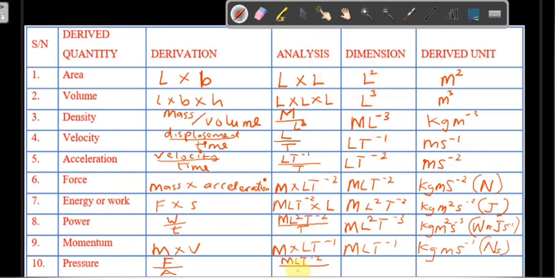Working this out, we are going to have M, then L raised to power 1 divided by L squared, which leaves L raised to power minus 1, with T raised to power minus 2. So this is kilogram per meter per second squared, which is the same as 1 Pascal. So these are the dimensions of these various derived quantities.